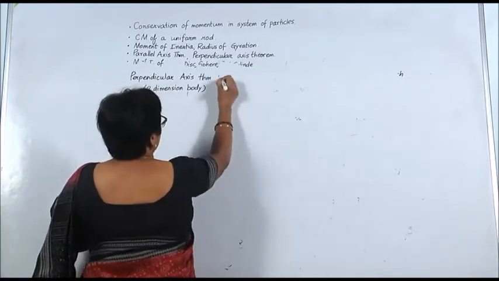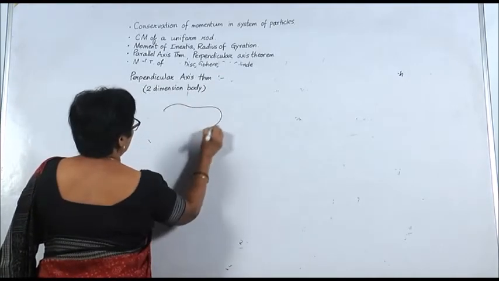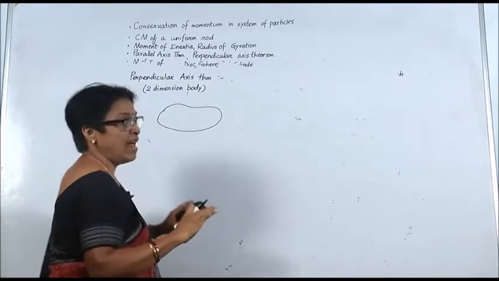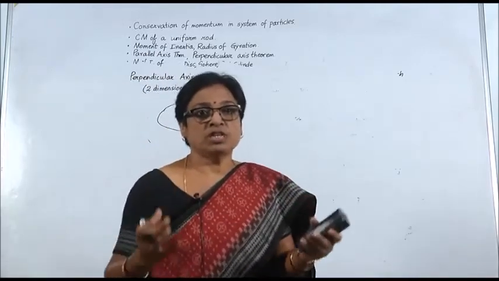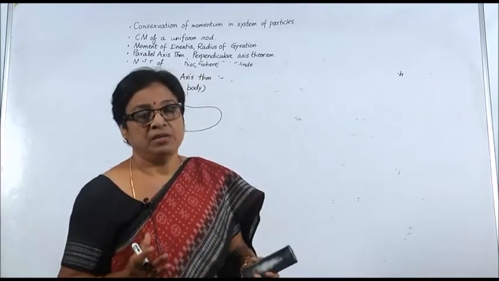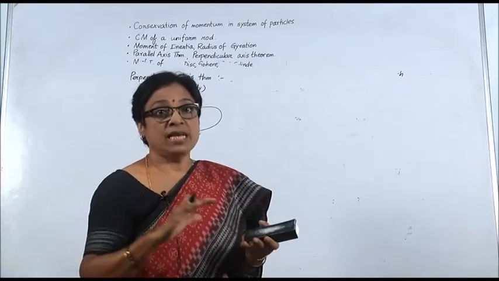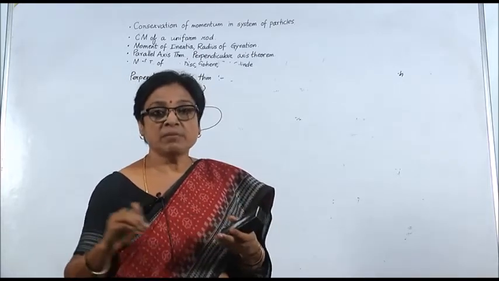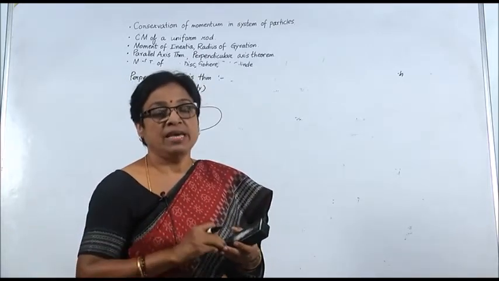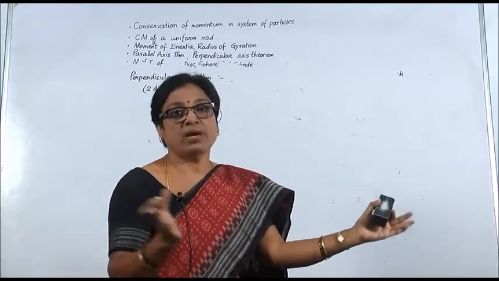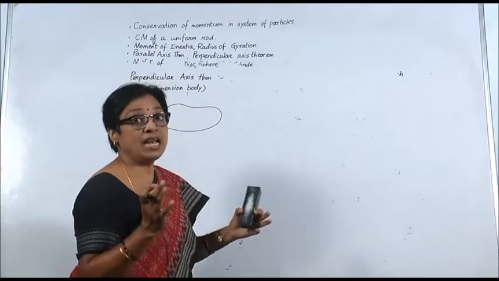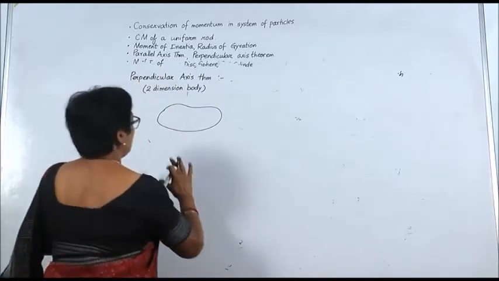That means I will have a lamina. A lamina is any shape, a flat thin plate, any irregular shape of plate. So it is in 2 dimensions, it has some area, you can measure it. You can give 2 perpendicular axes, x axis and y axis, and it lies on that plane.